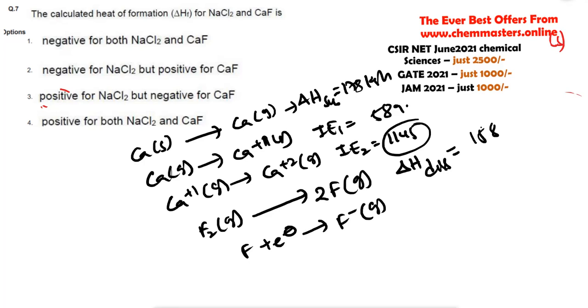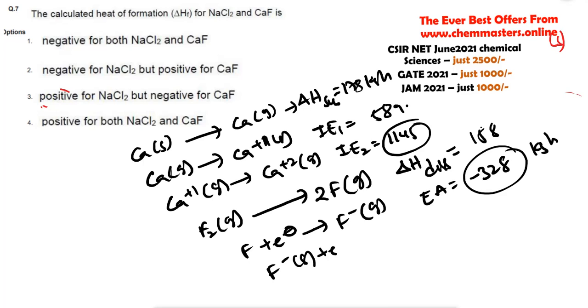For that the electron affinity is very small, as we have already discussed in a theoretical way, that is minus 328 kilojoules per mole. Now for the second one, F- gas taking another extra electron, the electron affinity will be around minus 5000 kilojoules per mole.